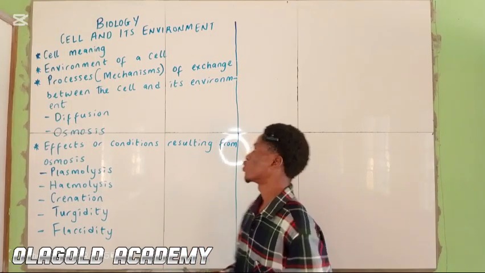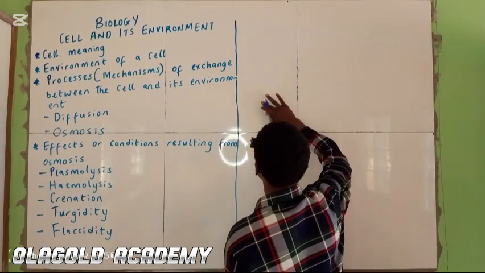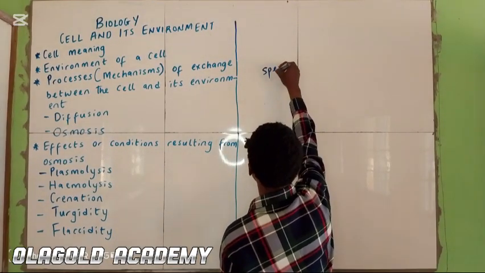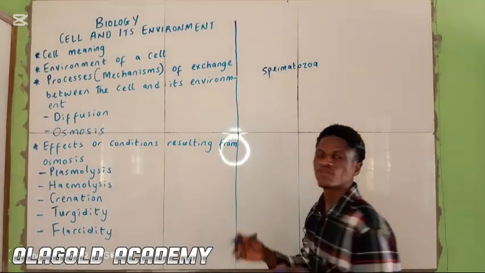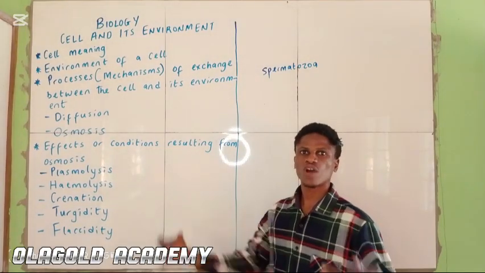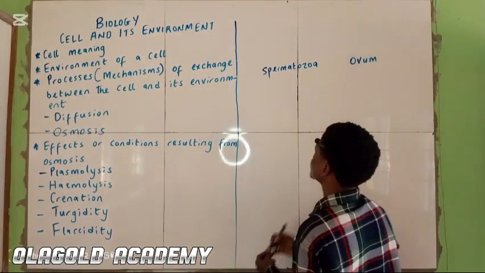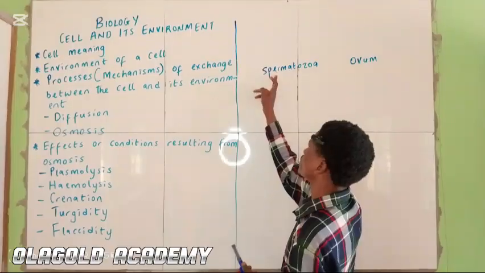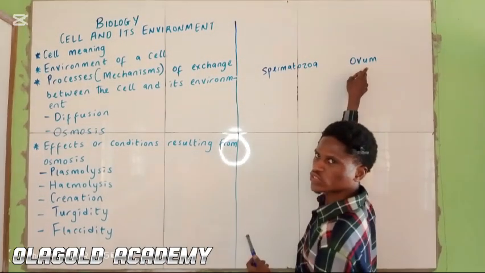For example, we have a male gamete, which is the spermatozoa, and the female gamete, referred to as the ovum. This is the sex cell for the male, and this is the sex cell for the female.